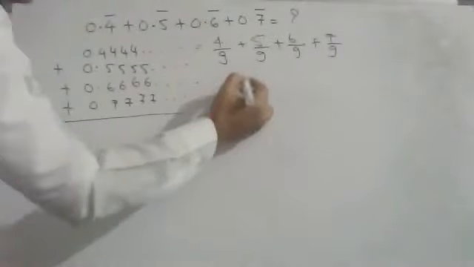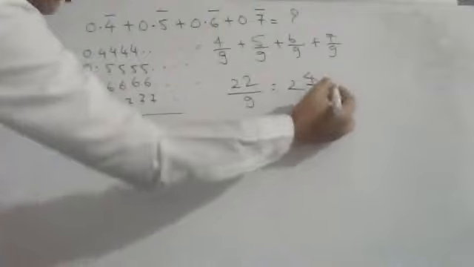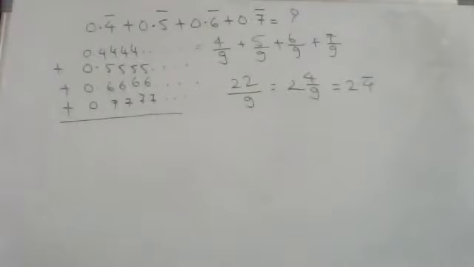So this is 22 upon 9, that is 9 twos are 18 and 4 remaining, so you can write 2.4 like this. Now we'll move to how to convert this type of numbers into fraction.